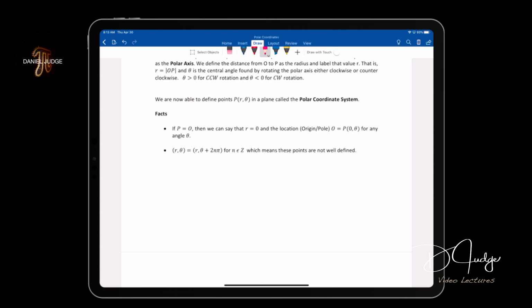When you let r be 0, in general, r theta becomes 0 theta, and theta is any angle. So the second the radius value is 0, you're talking about the pole.